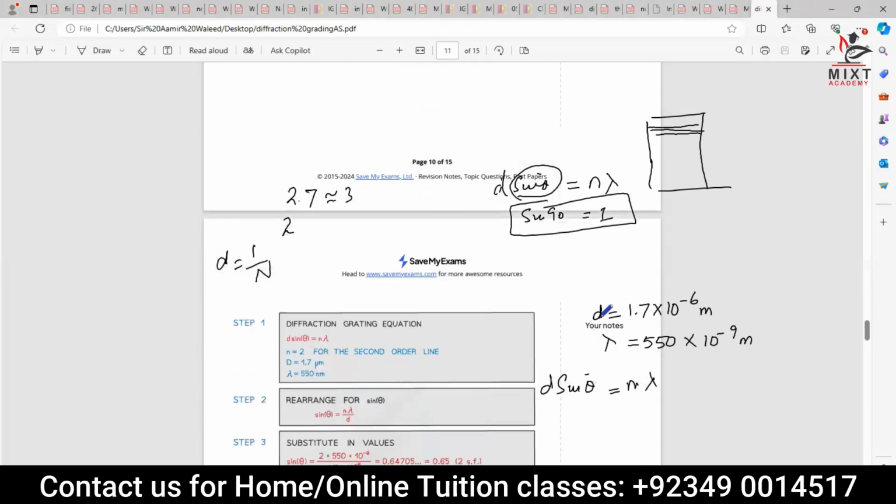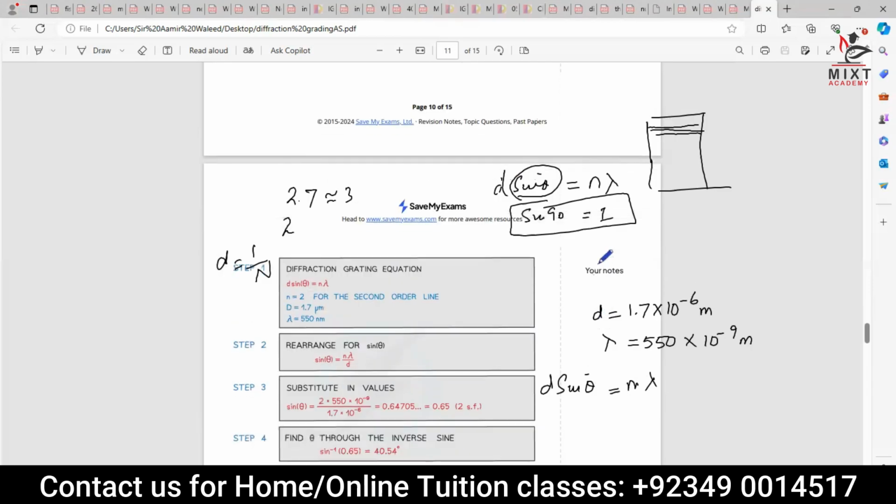Let's check it out. See, you use the formula. This is the value you got. But why are they getting 40.54? Your angle is different. Yeah, I got 38, but this is 40.54. Did you put different values or what?